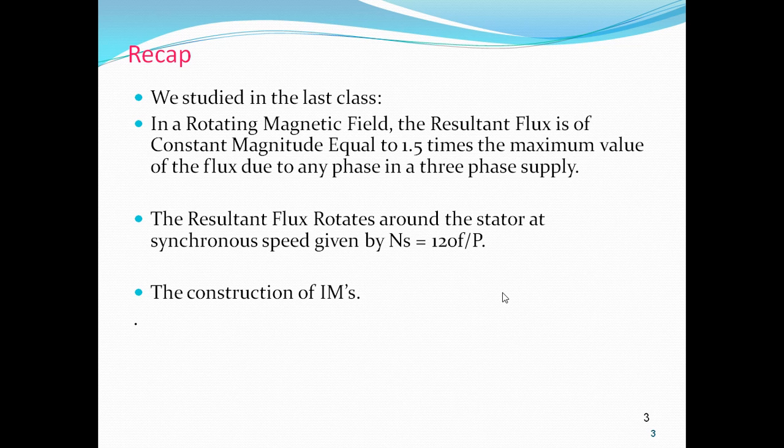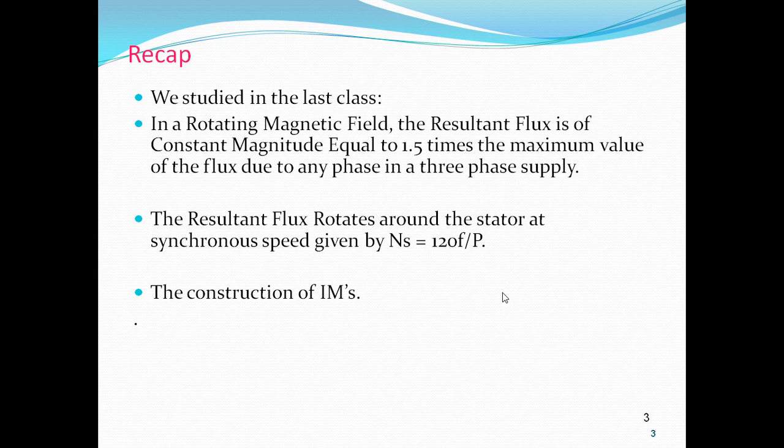If you see the manufacturing process, the stator winding is first wound in slots and properly connected. It is then dipped in an insulating varnish, and after that it is fixed in the frame. The insulation is required, otherwise it will become short circuited, and we have to choose the insulation material depending on the current carrying capacity.